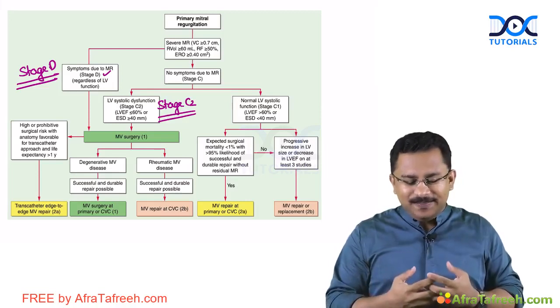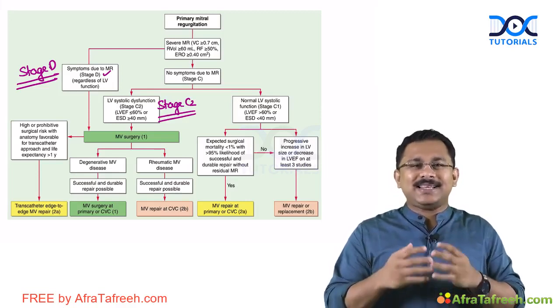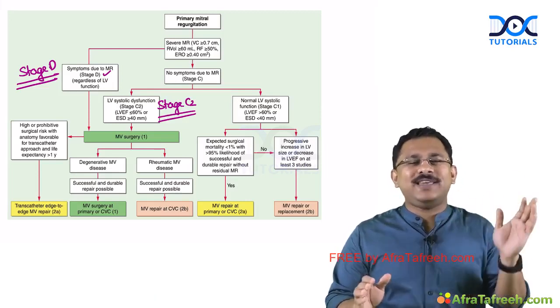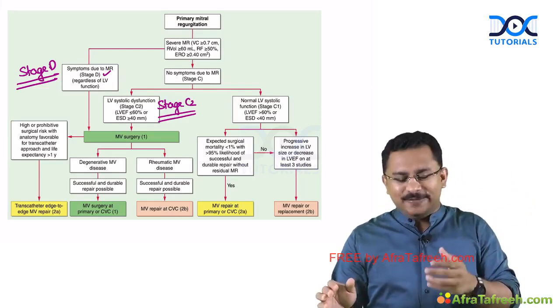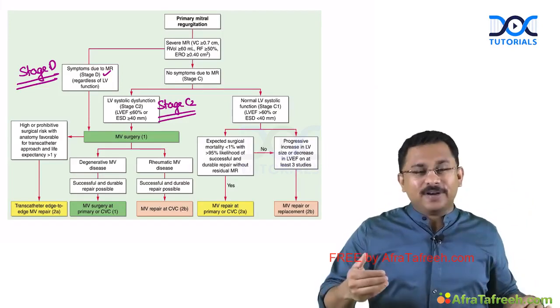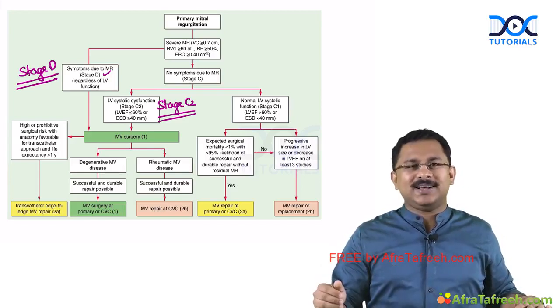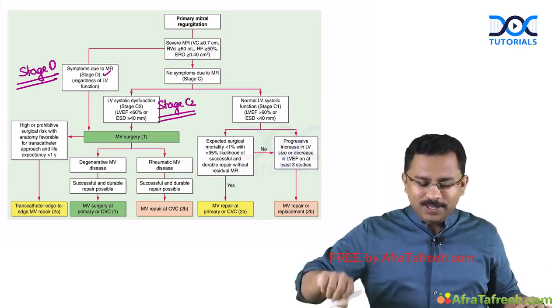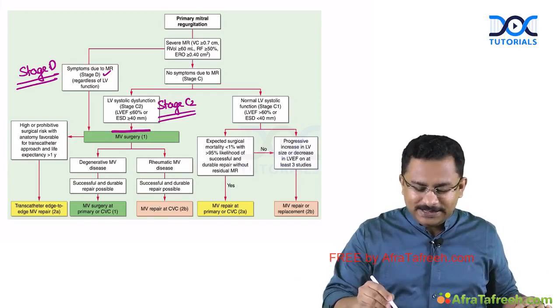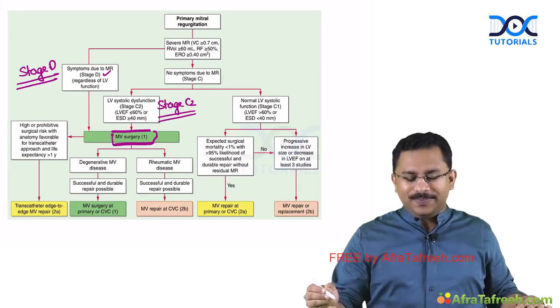So in stage D, the intervention is recommended irrespective of the LV systolic function. And even in case of stage C2, the intervention is recommended. So the mitral valve surgery is recommended.